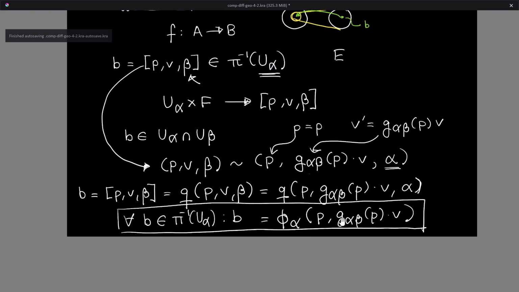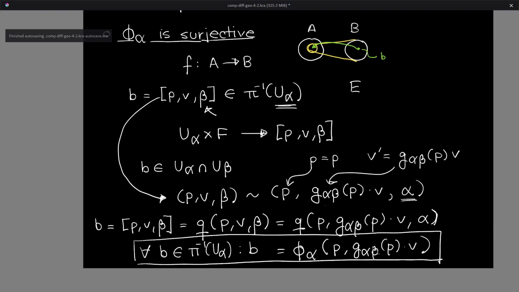So the whole thing with the beta and the alpha is that what if our representative was from a different local coordinate, right? What if it was from U beta, where beta is an index that's different from alpha? What we're showing here is that even if our representative wasn't from U alpha, we still could transform it into something that's from U alpha.